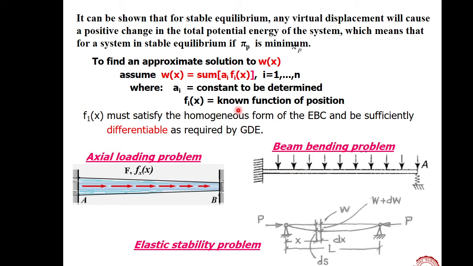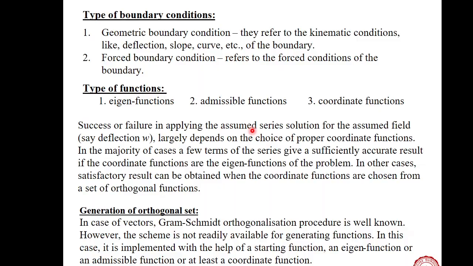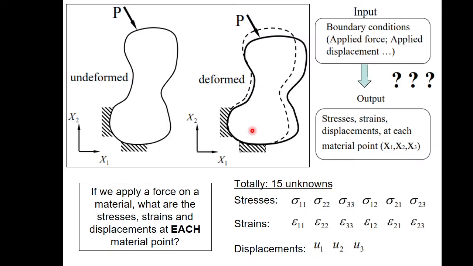Now what next? What we are doing now? The next part is that the assumed function, which is basically a series sum, that series sum we will substitute in the governing differential equation. Let us see how this is done.